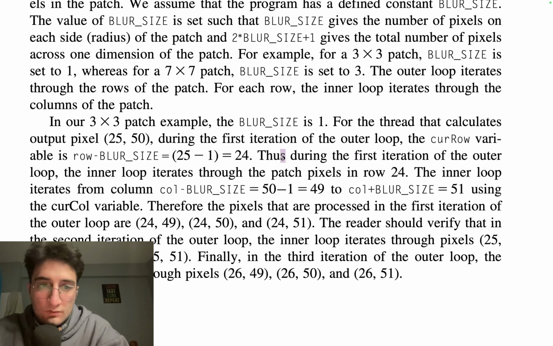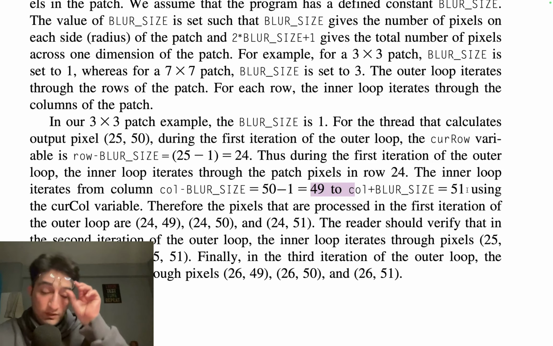Thus, during the first iteration of the outer loop, the inner loop iterates through the patch pixels in row 24. The inner loop iterates from column, if your column is 50, yeah, fifth column. So your inner loop iterates column 49 to 51.